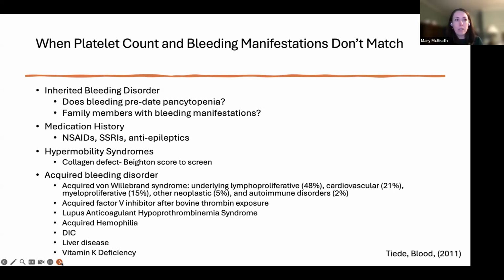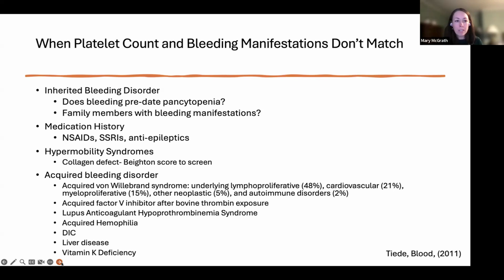Digging deeper into history of bleeding prior to pancytopenia, including any prior surgical bleeding they've experienced, bleeding with eruption and exfoliation of primary teeth, taking a more detailed menstrual history can be pretty important. For individuals who are menstruating, any history of bleeding for more than 7 days, changing sanitary products every 2 hours or more frequently, having more than one period in a 21-day cycle should raise a red flag that further workup is needed.